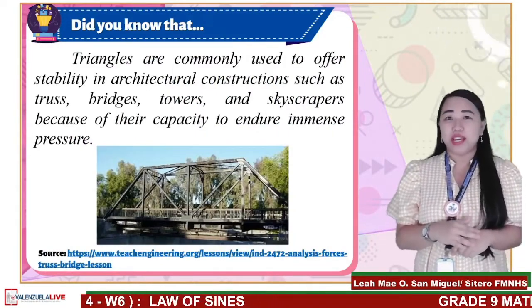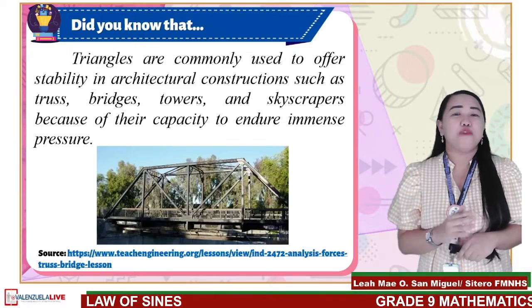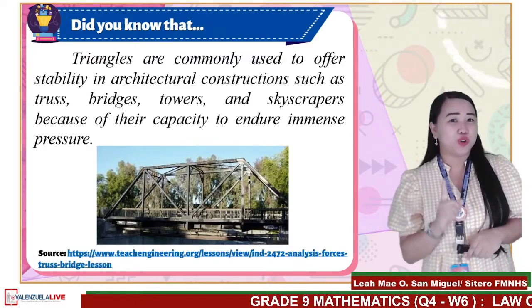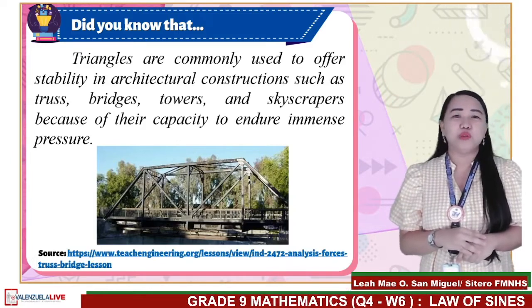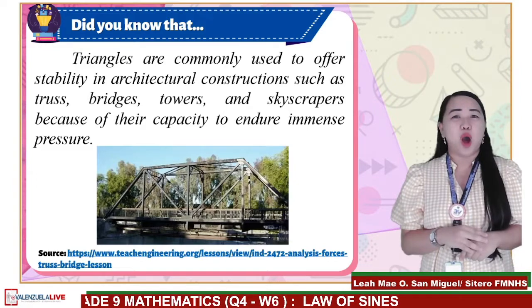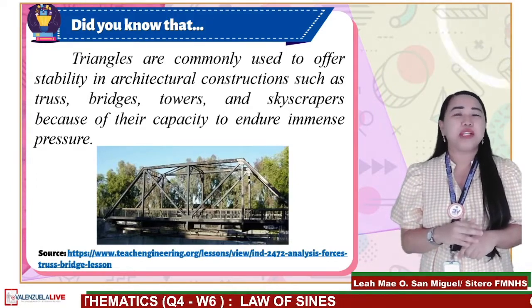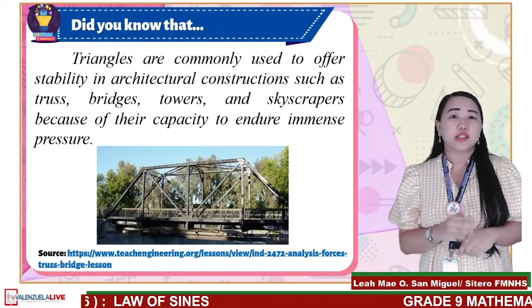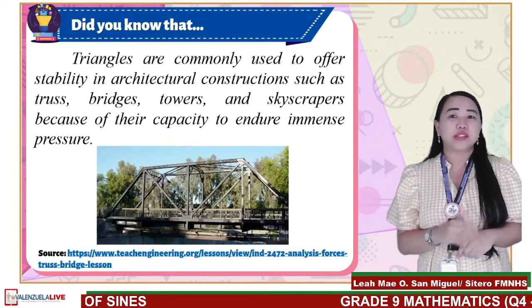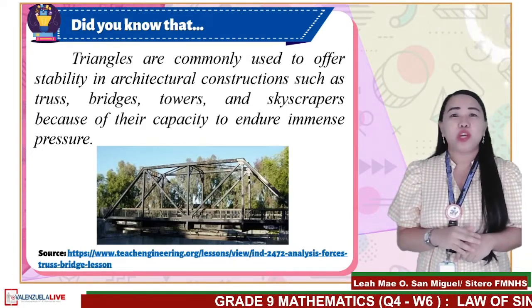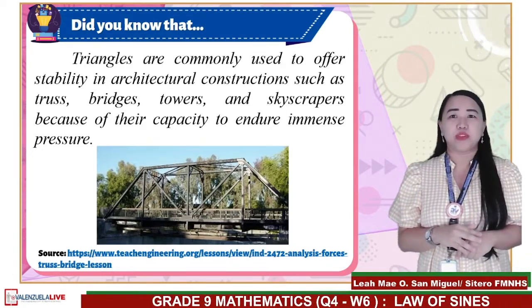As you can notice in our activity, the figure that we use is a triangle. Did you know that triangle is the most stable structure? Triangles are commonly used to offer stability in architectural constructions such as truss, bridges, towers, and skyscrapers because of their capacity to endure immense pressure.